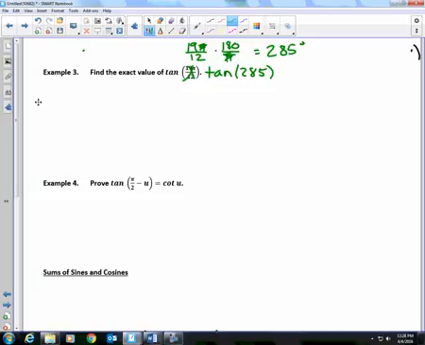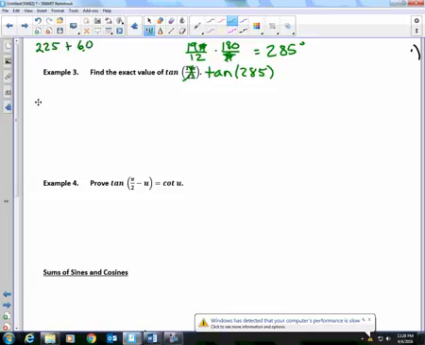So I need two angles that either added to 285 or subtracted to 285, angles whose exact values we know. Sure, 225 plus 60.